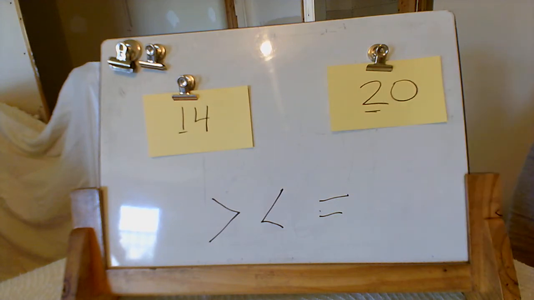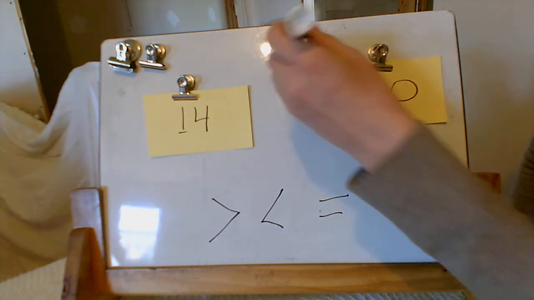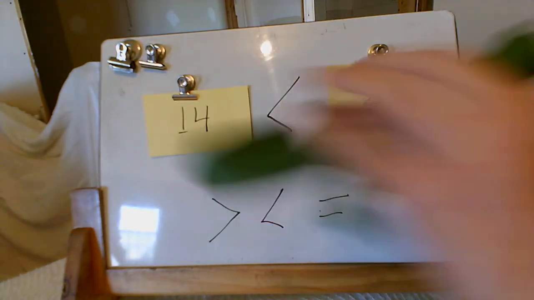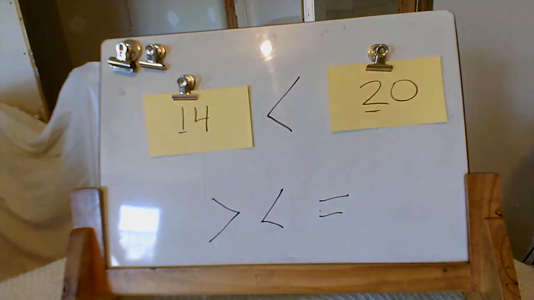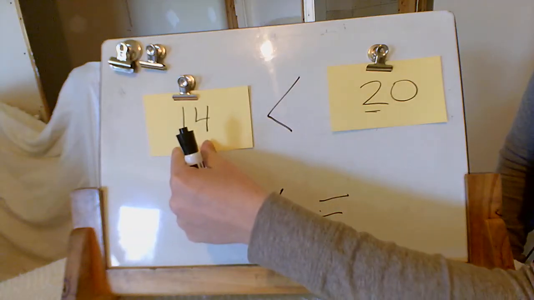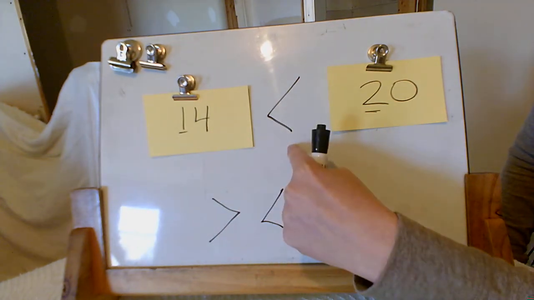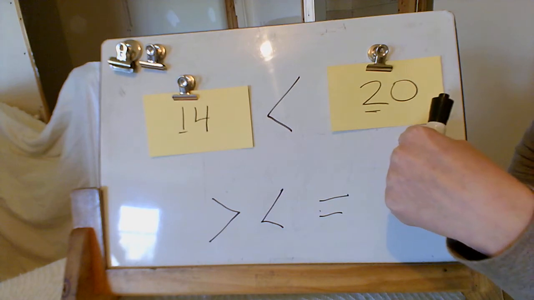So which one is the hungry alligator going to eat? Remember, he always eats the number that is greater. So I think he's going to want to eat this one. So his mouth would open up, here he comes, to eat that bigger number. Now if we start over here, we would read it like this. 14 is less than 20.